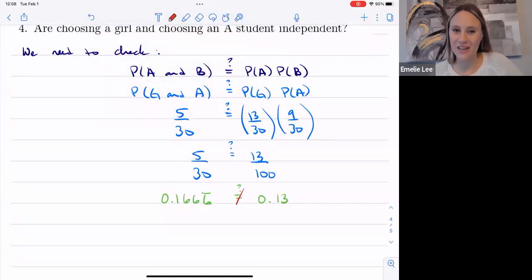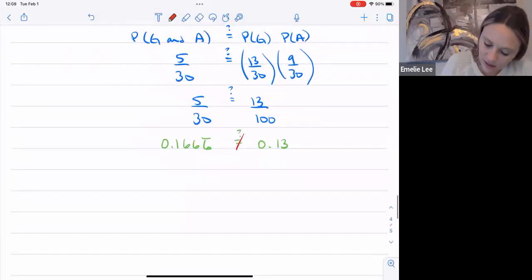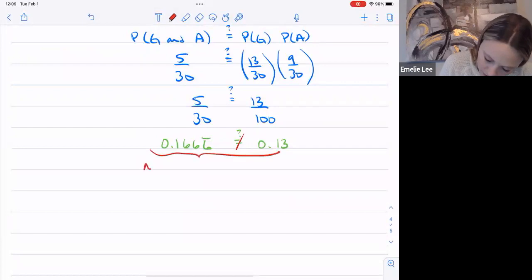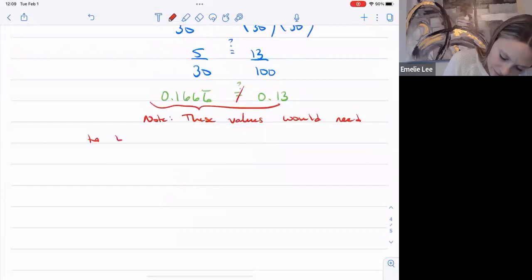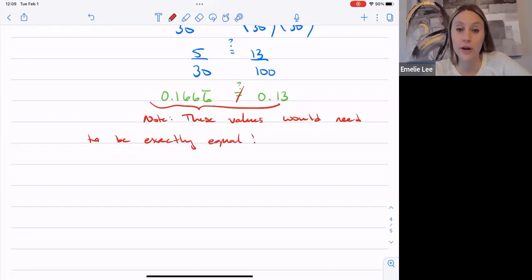So I'm going to say not equal to, and here I'm also going to make a note: these values would need to be exactly equal. They're not even close. You could think that they're pretty close, but it doesn't matter.